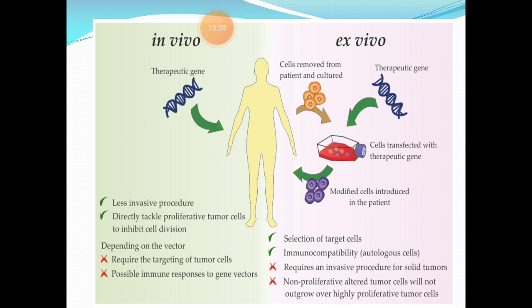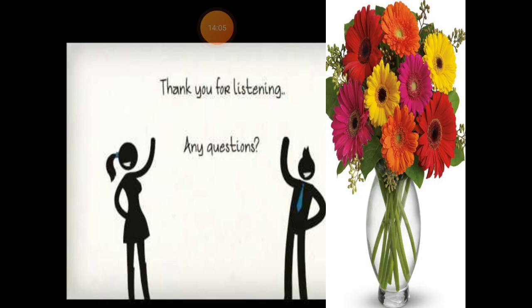Plus points are selection of target cells and immunocompatibility. But the negative points: requires an invasive procedure for solid tumors, and non-proliferative altered tumor cells will not outgrow over highly proliferative tumor cells. So this is the difference between in vivo and ex vivo. It just briefs you the comparative account.